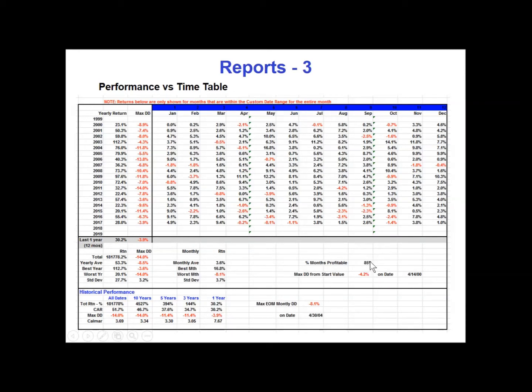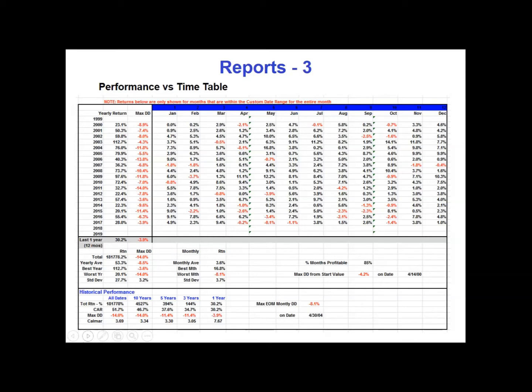We've got some monthly stats, the monthly average, the best month, the worst month, standard deviation. In this one, 85% of the months were profitable. We calculate the max drawdown from the start level and when that occurred. And then on calculating the historical performance, this will fill in whatever you have data for. It'll also repeat the max drawdown at the end of the month basis and when that occurred.